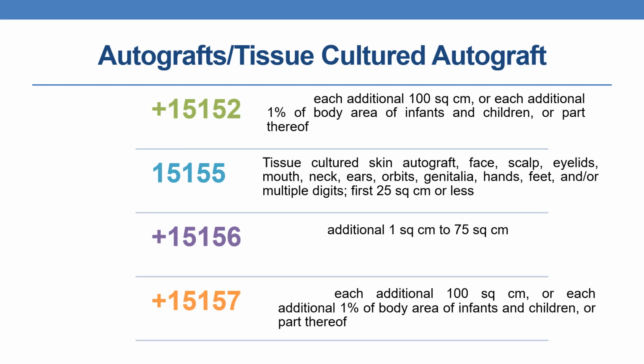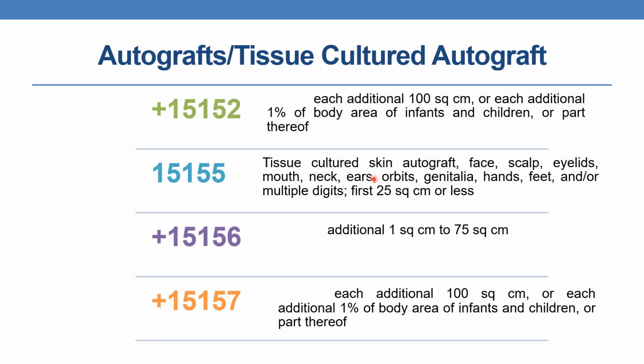The next is an additional add-on code after the first 100 square centimeters. This code, plus 15152, is used for each additional 100 square centimeters or each additional 1% of body area of infants and children or part thereof. So whenever we are considering tissue cultured skin autograft, there are 3 codes.